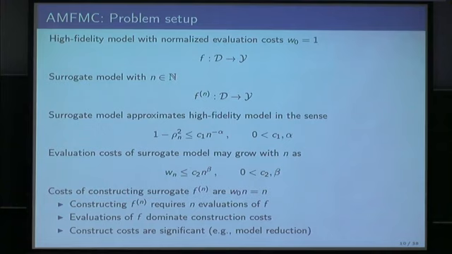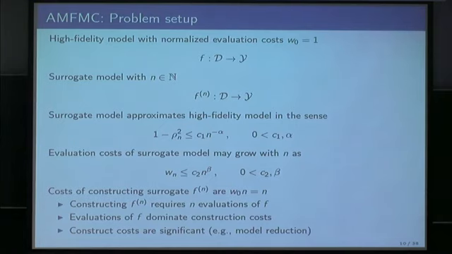First, we say that the correlation coefficient rho n converges to 1 with a rate alpha. So the correlation coefficient between the high fidelity model output random variable and the surrogate model output random variable. And second, we say that the costs may increase with a rate beta. So this is similar to things as they are, for example, used in multi-level Monte Carlo.